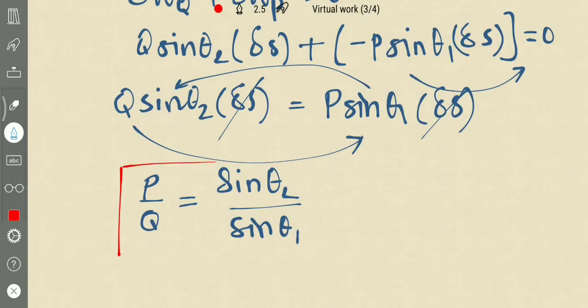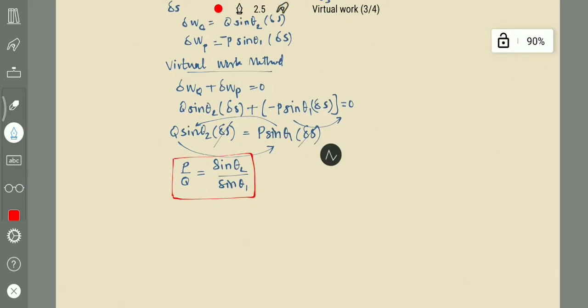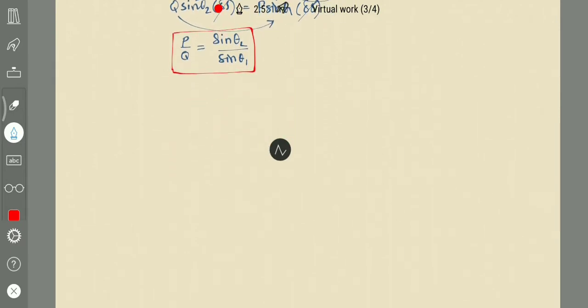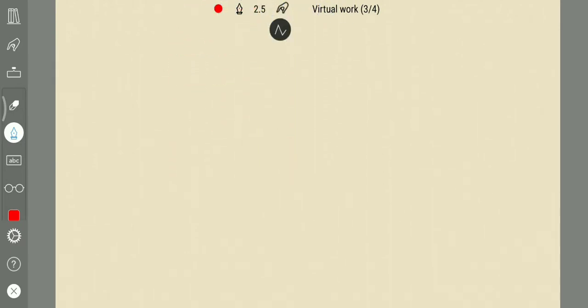So this is the relationship between the weights P and Q and the angles of inclination. And let us see another problem.